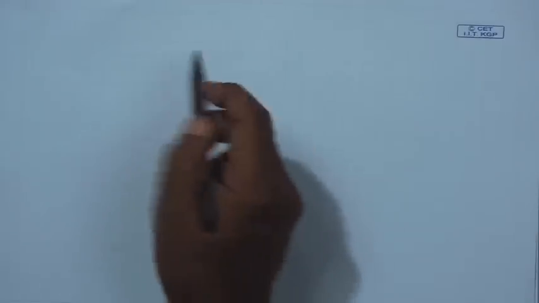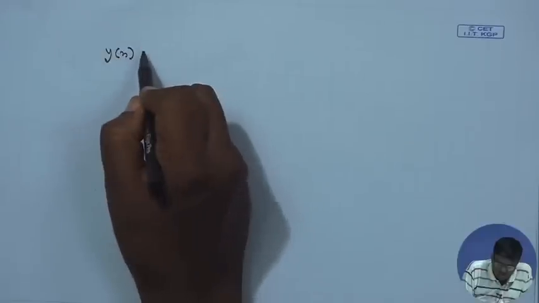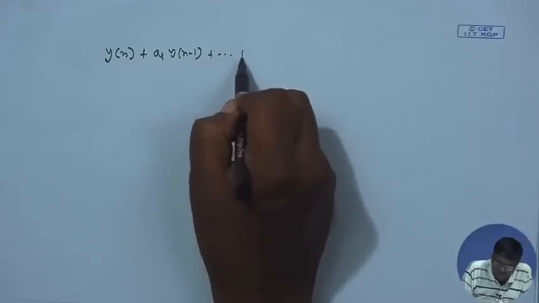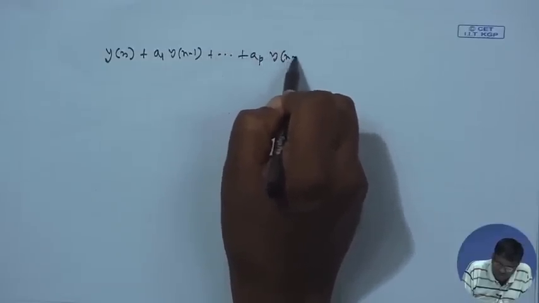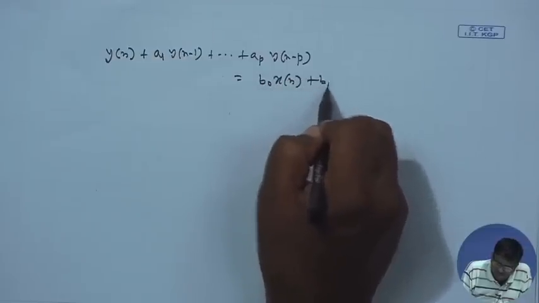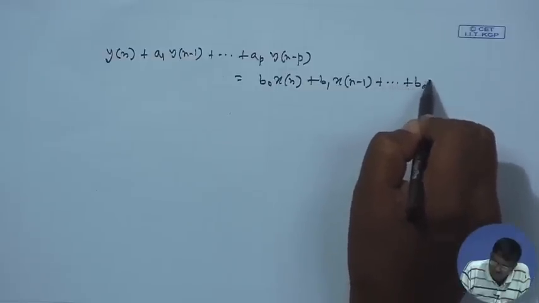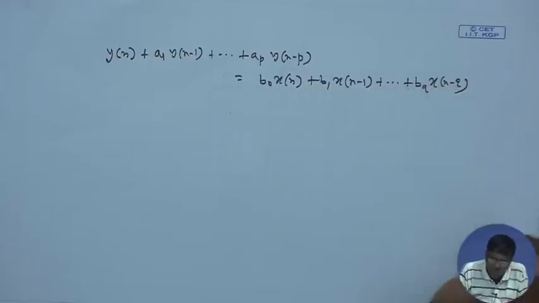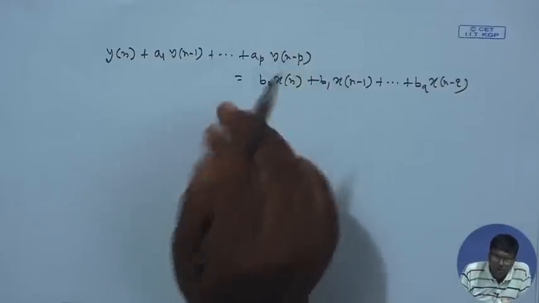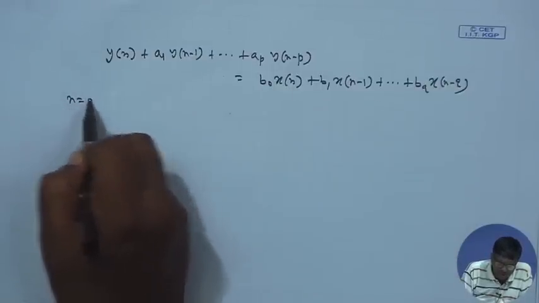So, I rewrite again, our equation is... okay, this is the equation I am just rewriting, and let us assume that the system is switched on at a particular time, say n equal to 0.